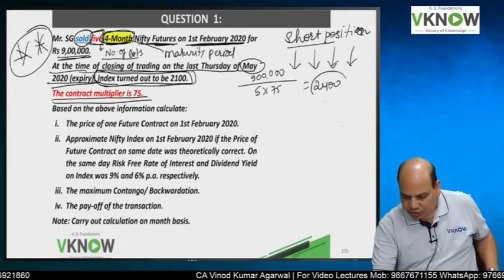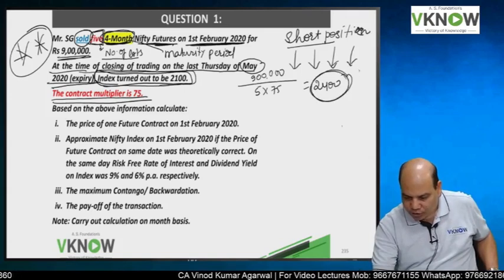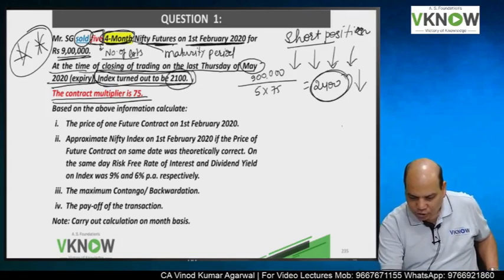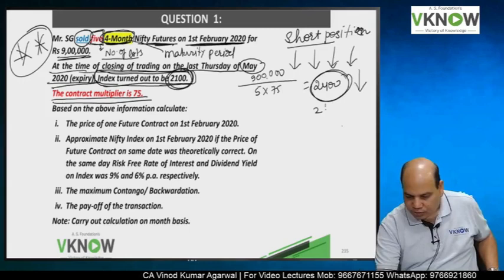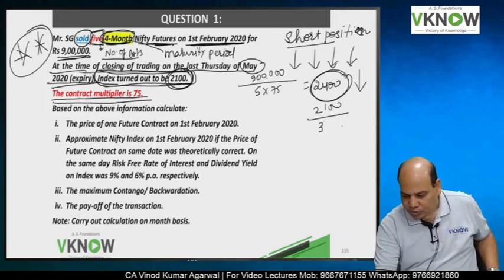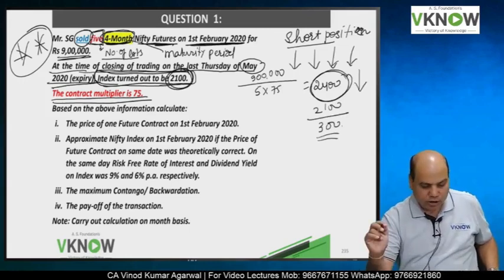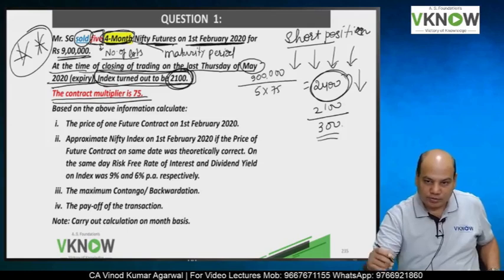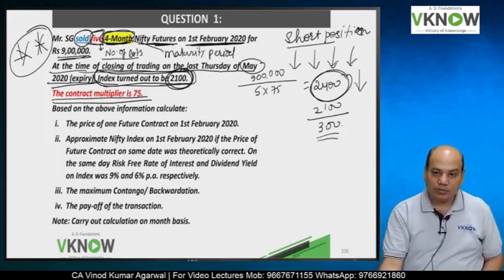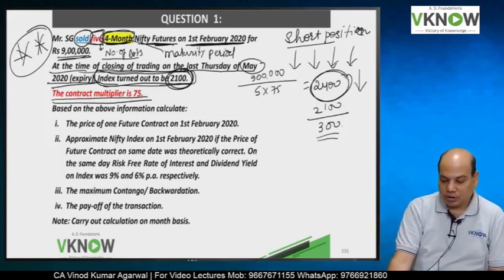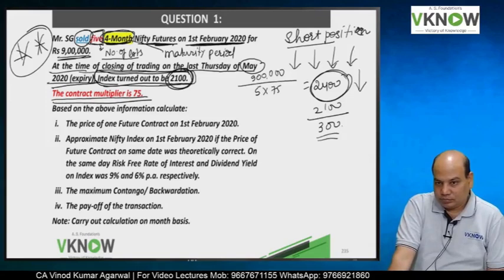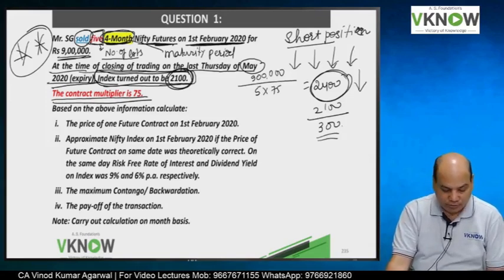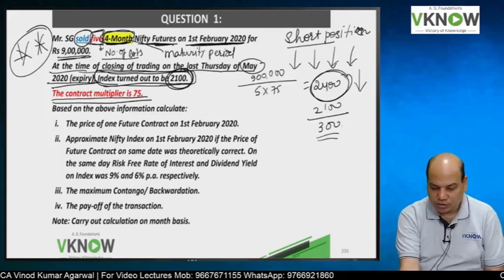So basically he has taken a short position on 2400 and market has actually gone down to 2100. So he will have a profit of 300 rupees per unit into 375. So that will be his profit. That is a basic calculation.